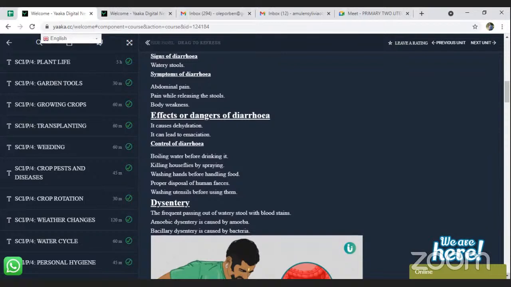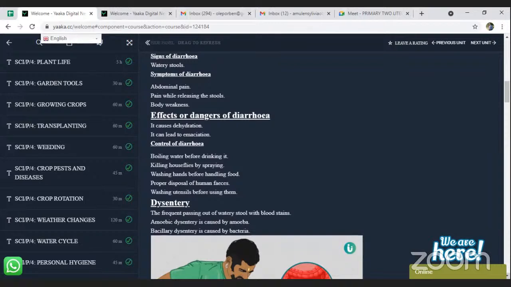So you must be able to specify and say that we have amoebic dysentery and also bacillary dysentery. So in case they ask you to give the cause, or rather the germ that causes amoebic dysentery, simply say amoeba. Then if they talk about bacillary dysentery, be sure and say bacteria, as simple as that.